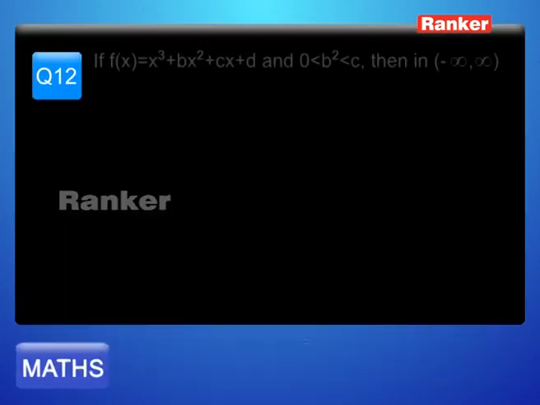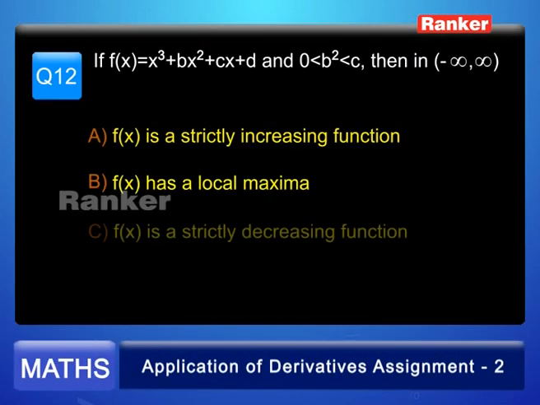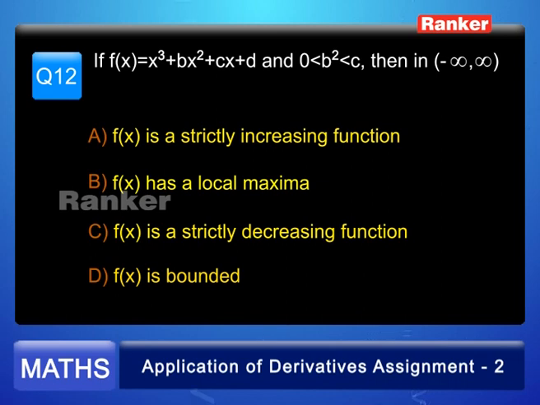Next question. If f of x is equal to x cube plus bx square plus cx plus d and 0 less than b square less than c, then in minus infinity to infinity, option A, f of x is a strictly increasing function. Option B, f of x has a local maxima. Option C, f of x is a strictly decreasing function. And option D, f of x is bounded.